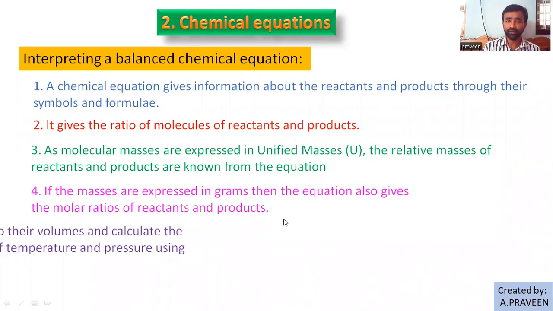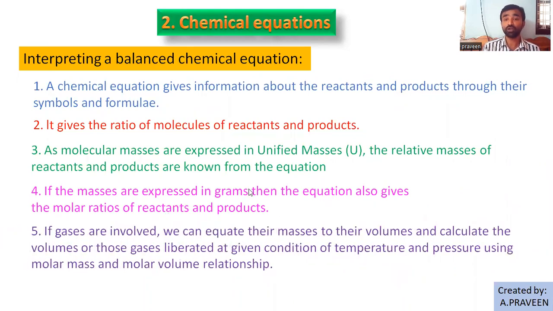Then next, if you know the molecular weight, the molar masses, you are able to know the volume of that substance and you are able to calculate the number of molecules present at a particular temperature and pressure. That means here standard temperature and pressure, STP.